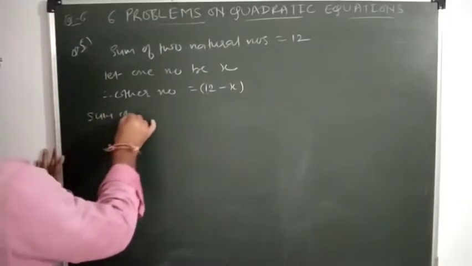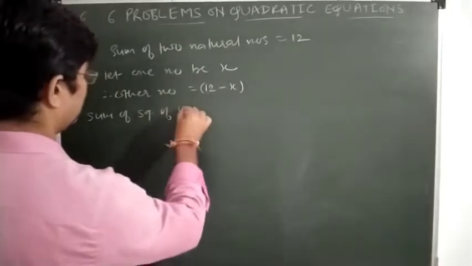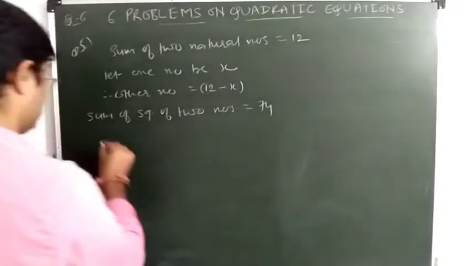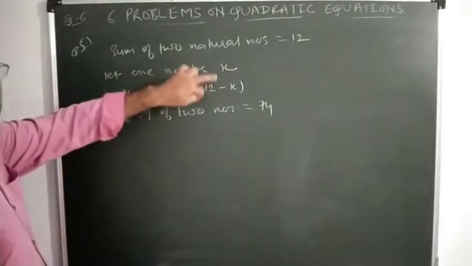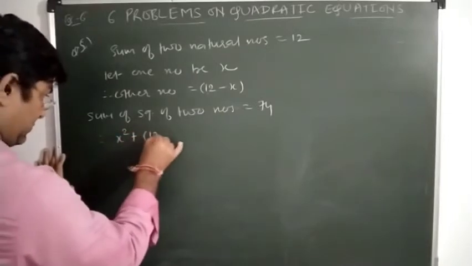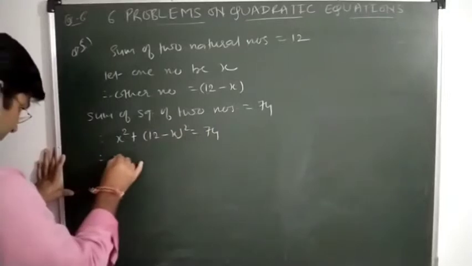We are given the sum of squares of two numbers. It means you have to square the two numbers and add. Therefore x square plus 12 minus x the whole square is equal to 74.